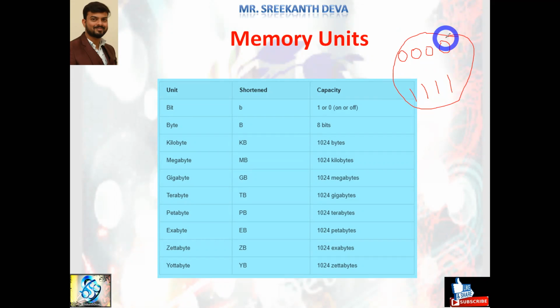So 4 bits represent one nibble. Similarly, 8 bits represent 1 byte of memory.